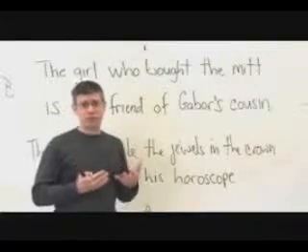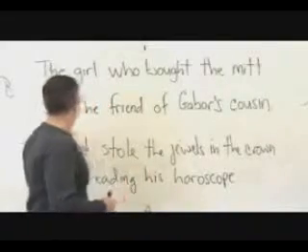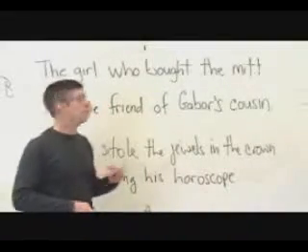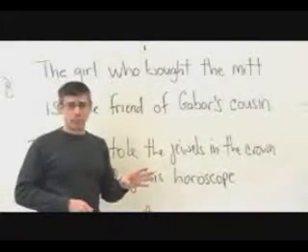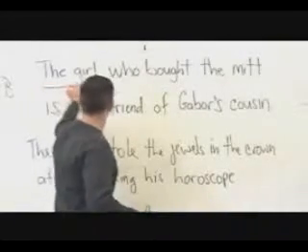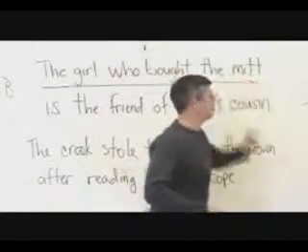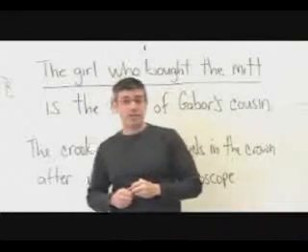Nouns are persons, places, or things, and nominal phrases are too. So, who is the friend of Gabor's cousin? The girl who bought the mitt. That's who. So, this whole thing here, the girl who bought the mitt, is one nominal phrase.